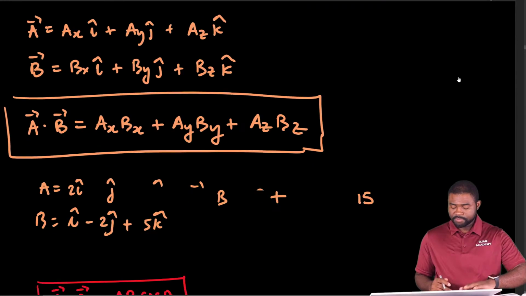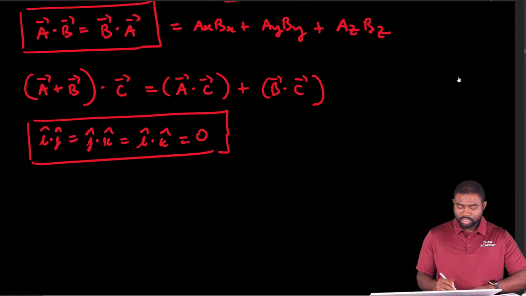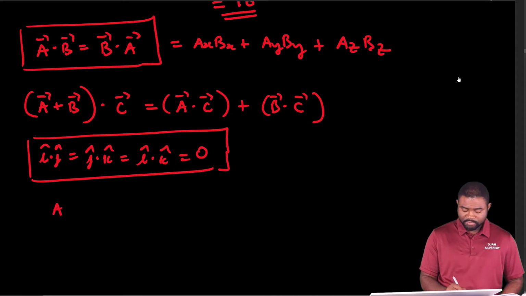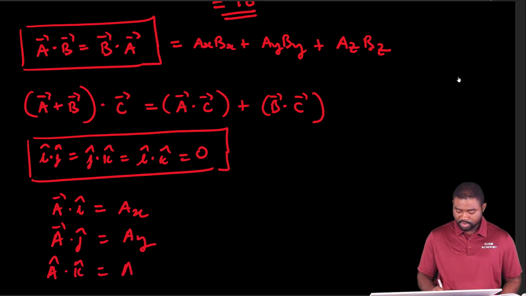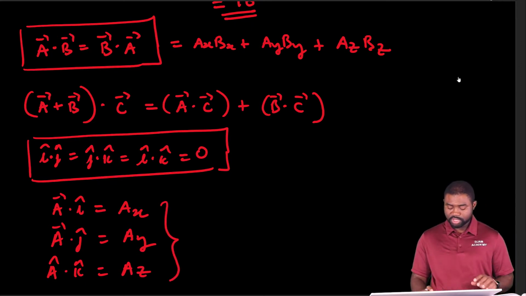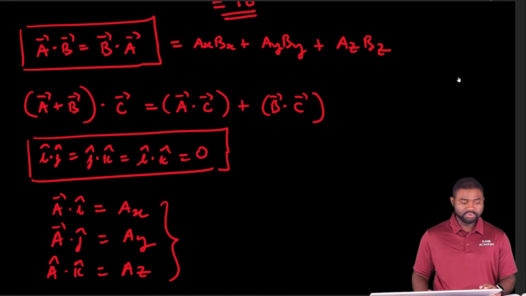That being said, it means that if you have A dot i, you will have AX. If you have A dot j, you will have AY, and if you have A dot k, you will have AZ. This is another sweet property that you should also remember.